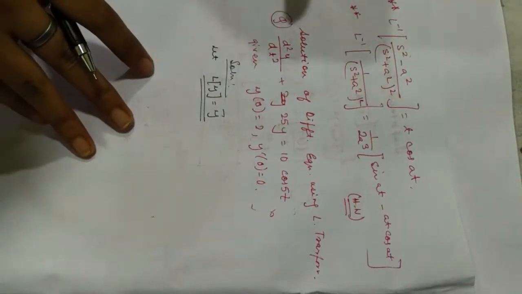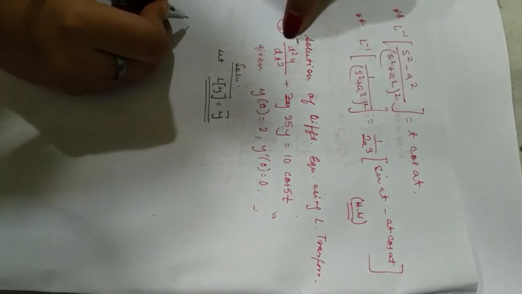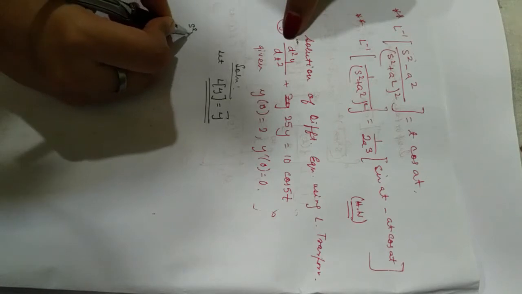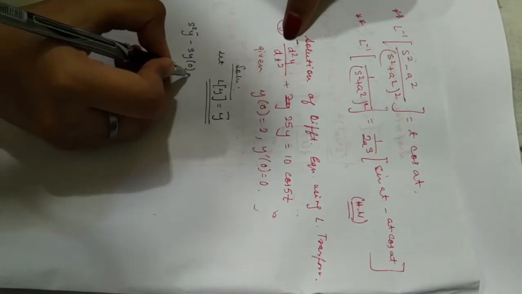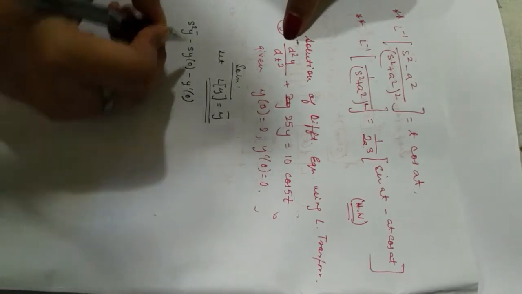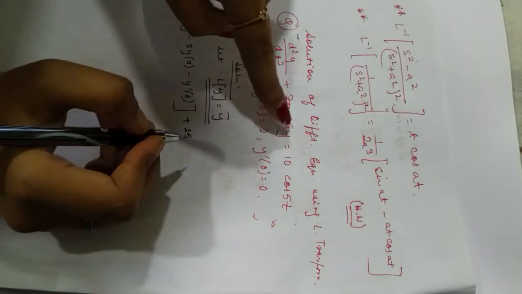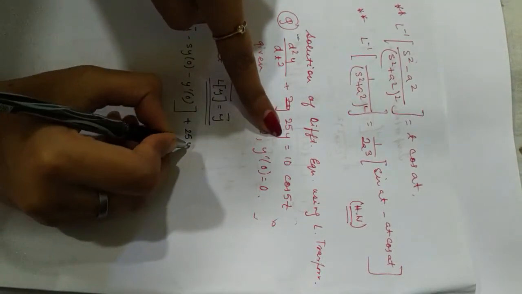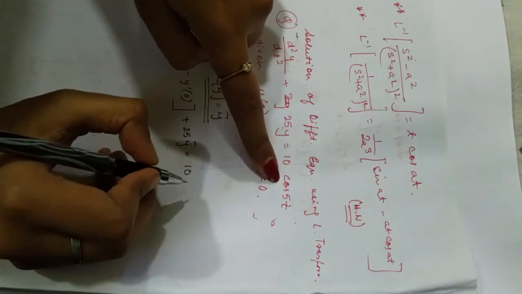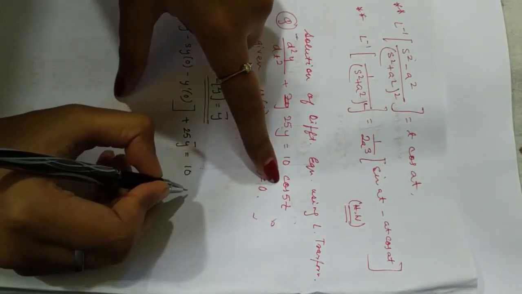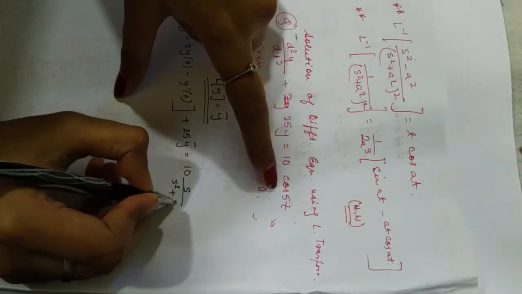Taking the Laplace transform of this equation, we first have the term d2y dt2, which gives s square y bar minus s y0 minus y prime 0, plus 25 is a constant, and the Laplace transform of y is y bar. 10 is a constant and comes out. The Laplace transform of cos 5t is s divided by s square plus 5 square, that is 25.